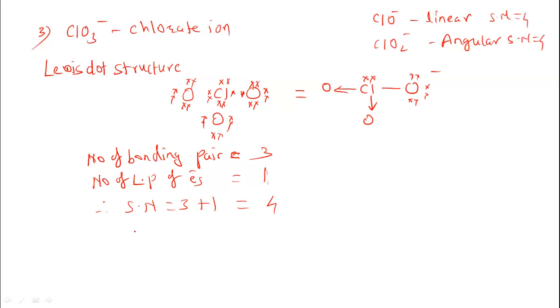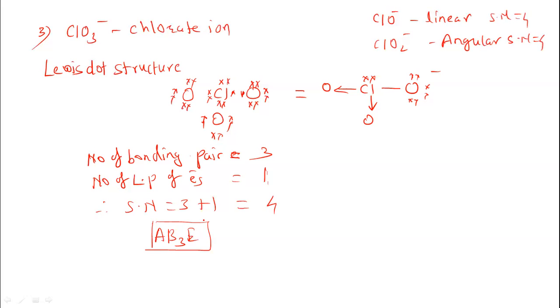So what is the type of this molecule? AB3E. There is only 1 lone pair of electrons, so the type of the molecule is AB3E. And steric number 4 suggests that the expected geometry of the molecule will be tetrahedral. Now in this molecule, we have to represent the lone pair of electrons at the correct position.